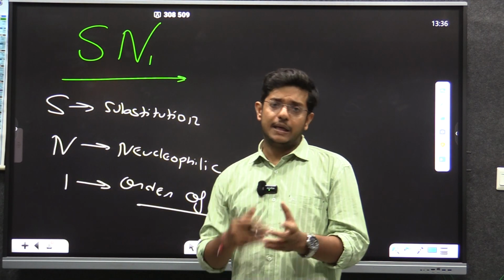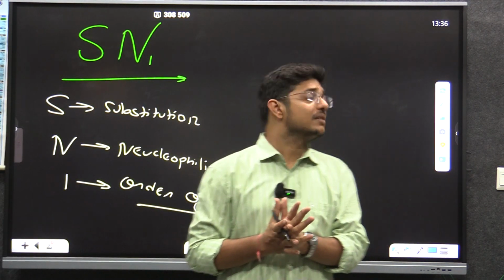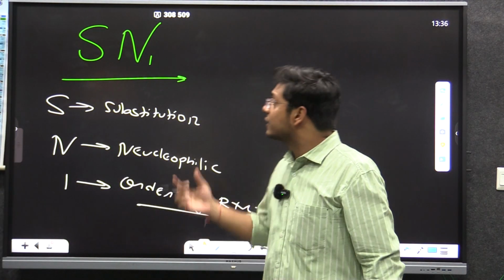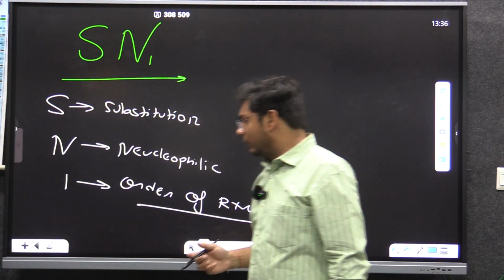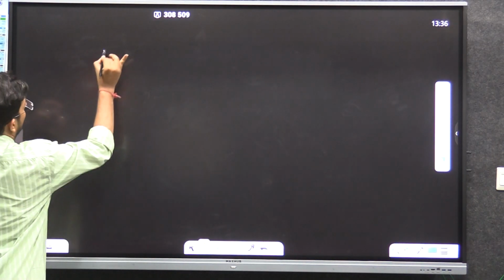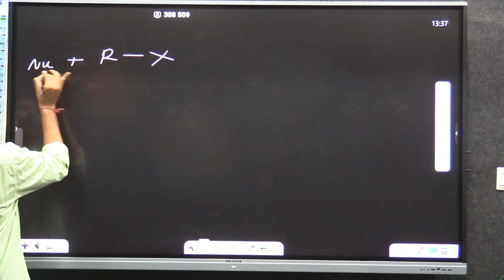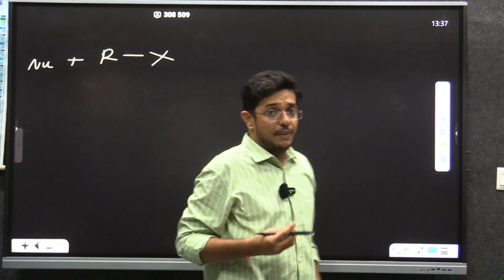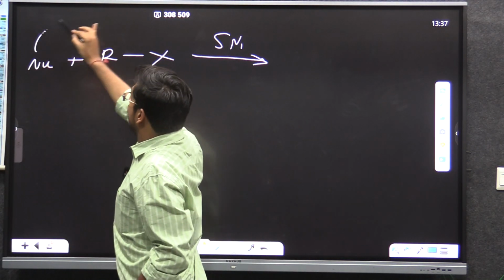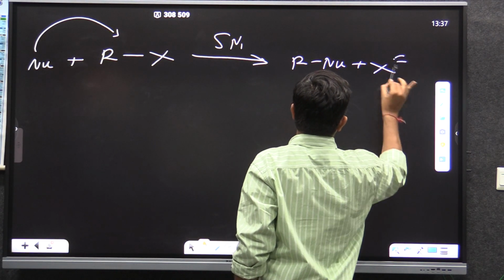First order is what? Any reaction in which the rate of reaction depends on one of the reactants involved in the rate law equation is known as first order. Now let's suppose we have an alkyl halide, RX, and a nucleophile, and we want to substitute followed by the SN1 mechanism, that is, the nucleophile will substitute the alkyl halide and take its position.